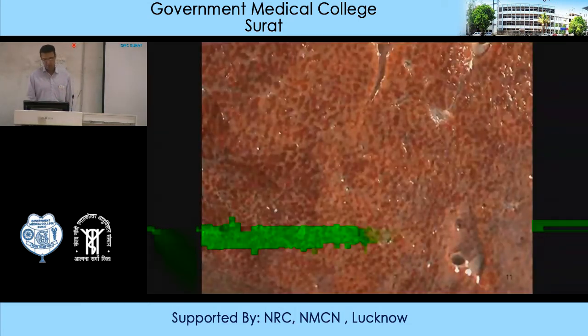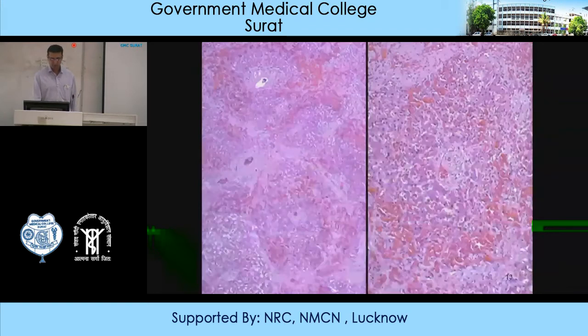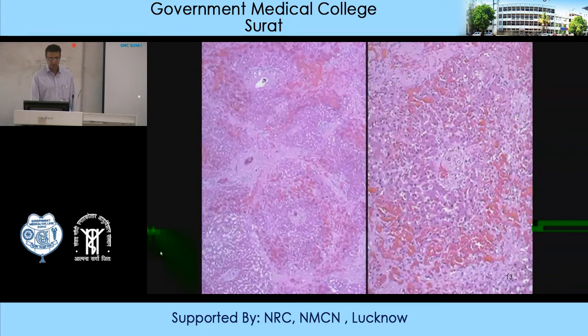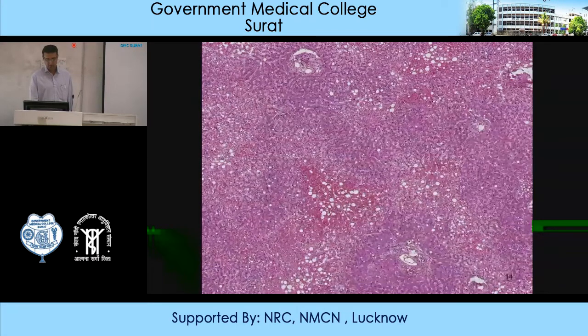Here there is a central vein and necrosis and hemorrhage of hepatocytes surrounding the central vein. So this is a microscopic examination of chronic venous congestion of liver. And here there is steatosis and fatty change also seen, and necrosis and hemorrhage around the central vein.